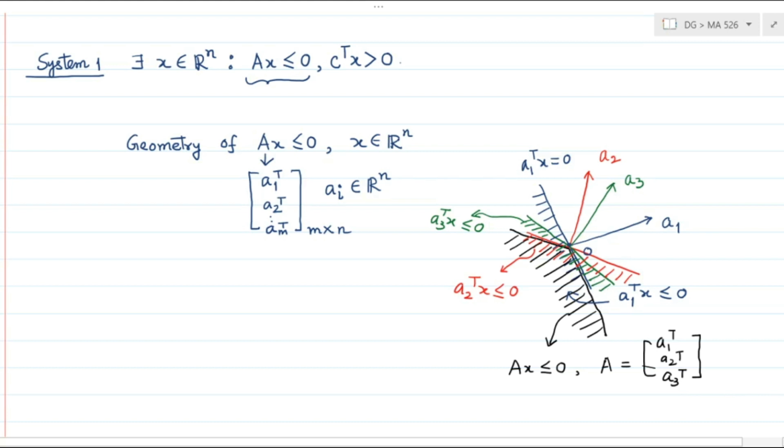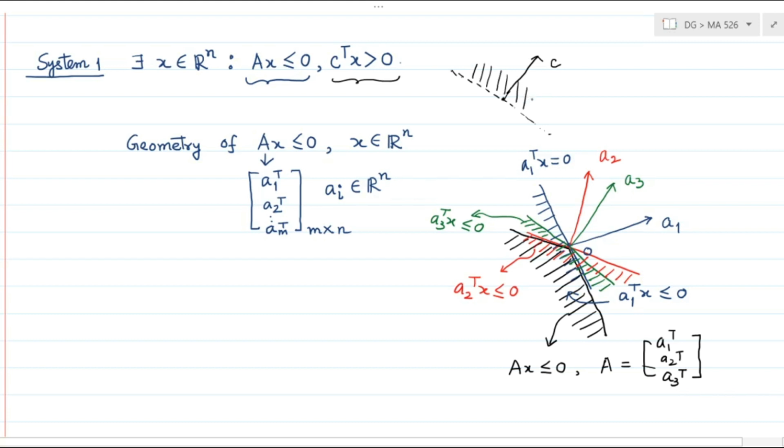The geometry of C transpose x greater than 0 is similar. You have a vector C, and C transpose x is strictly greater than 0, and therefore the boundary of C transpose x will not be considered. Let me suppose the origin is over here, and this is my vector C, and C transpose x greater than 0 is this region.